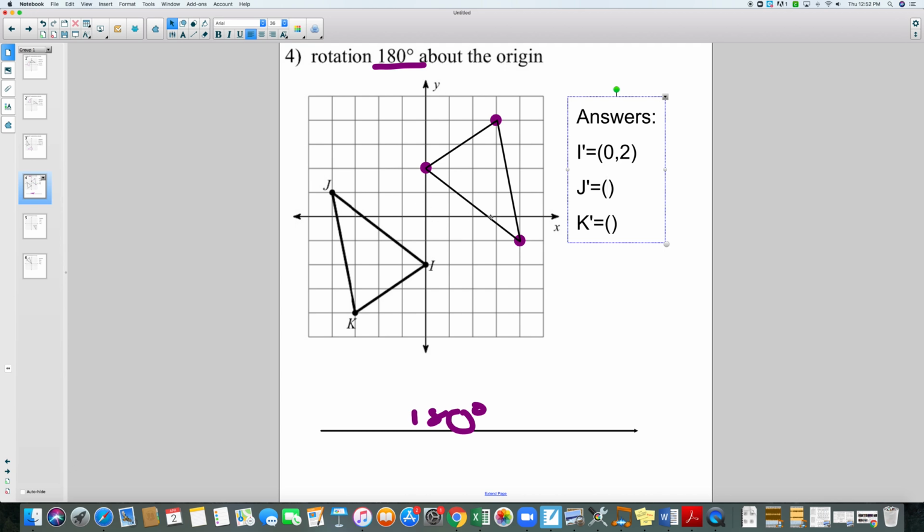Now with j prime, we are +4, -1. For k, originally we were -3 and -4. Now we're +3, +4. And that's it. Pretty easy.